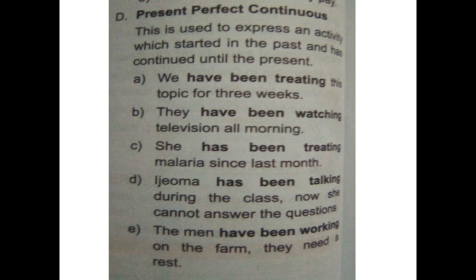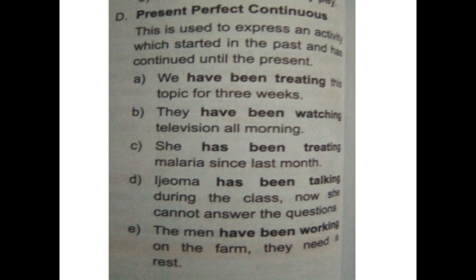Then the past participle is being, B-E-E-N. So when you have the present auxiliaries, not the past auxiliaries, the past auxiliary of have, has is had, H-A-D.